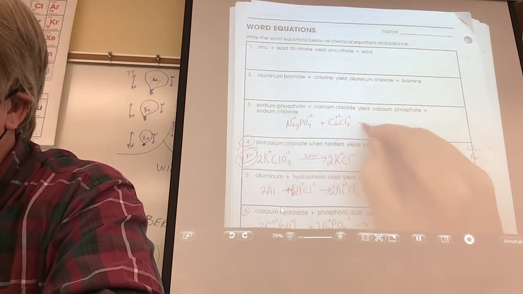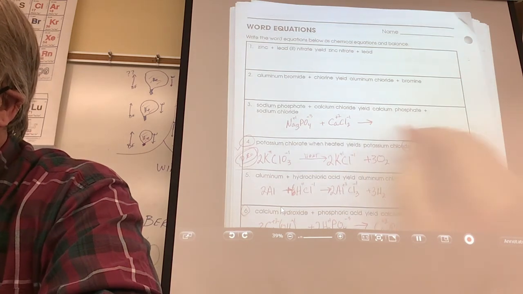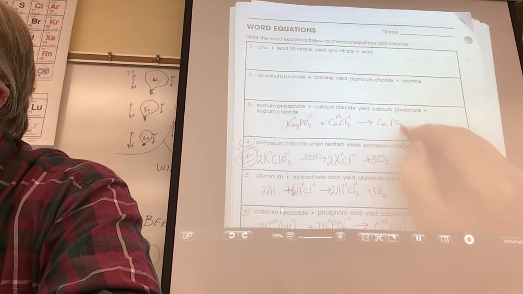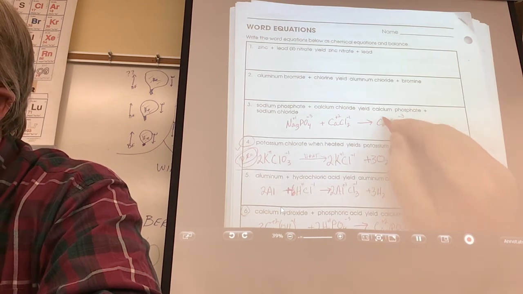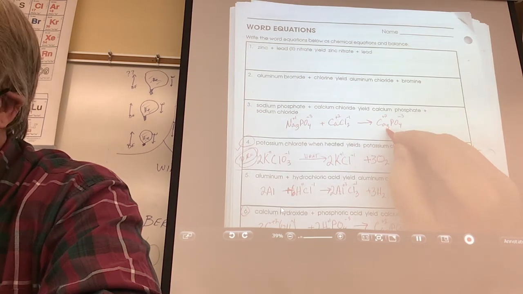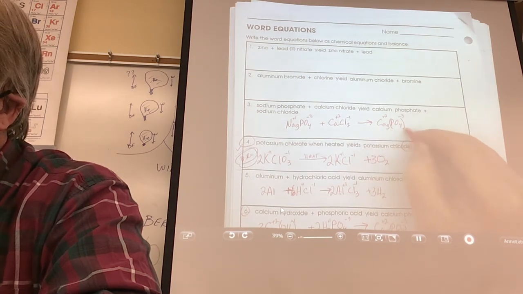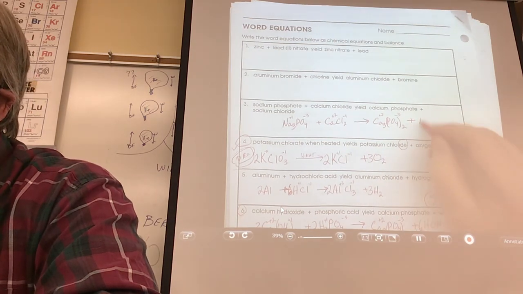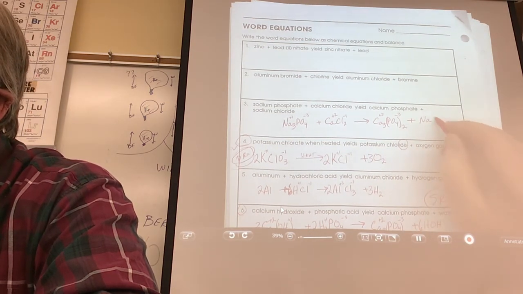You're in good shape. And then I did yields Ca3 and then PO4. Okay, so if that's -3 and you're +2, then you have to have 3 of those and what? 2 of those. We're almost there. And then I did plus NaCl. And -1. Oh man, that's great.